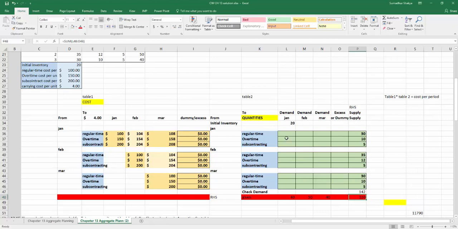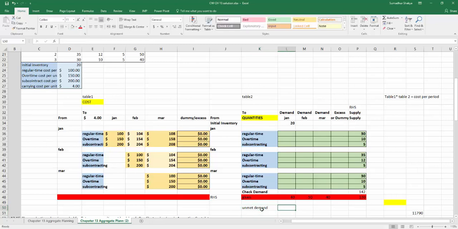So if we were to produce anything in the regular time or the overtime or subcontracting for period 1, we would end up utilizing some of the demand that is required. Now it helps us to calculate what I call unmet demand.